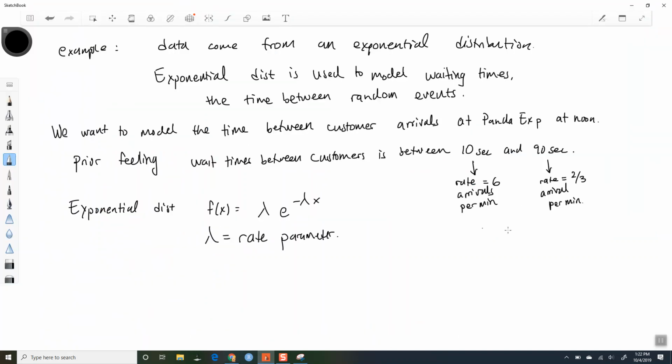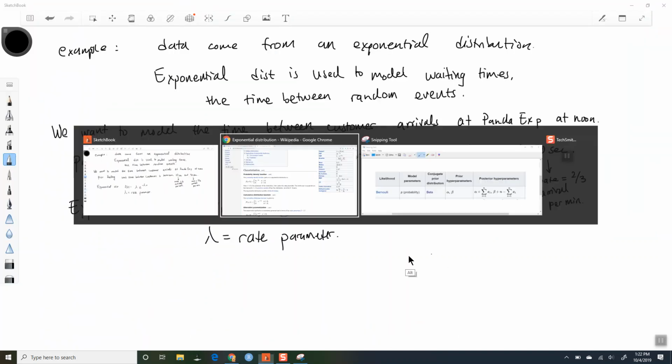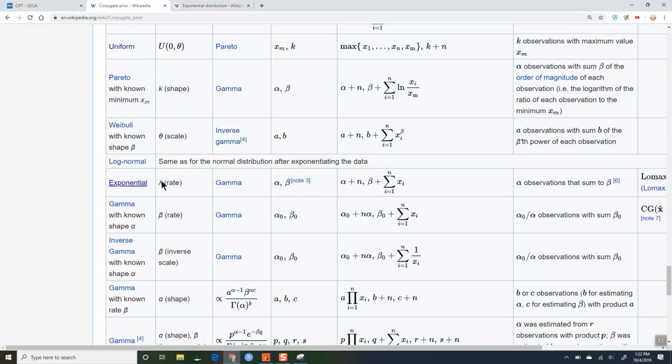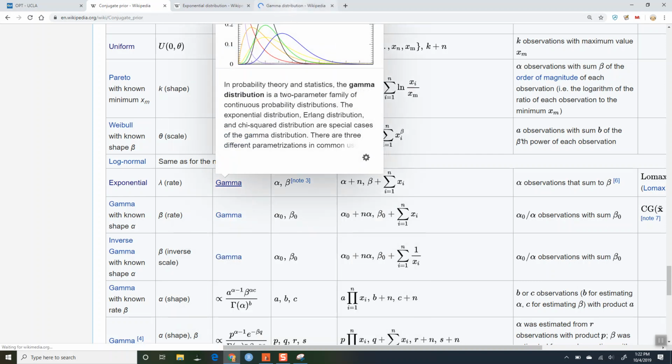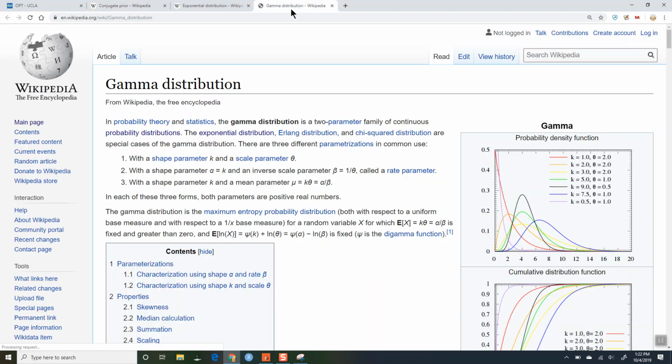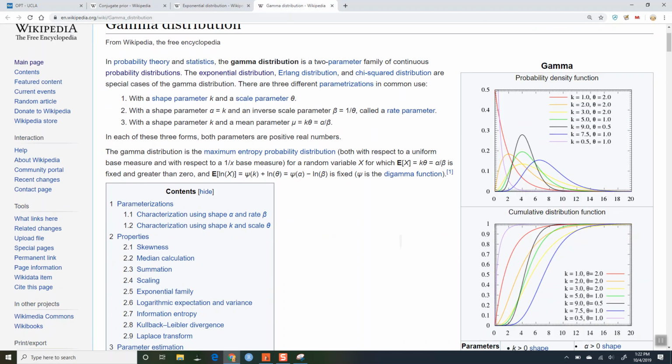So we can model something like this. This can be modeled if we look at what the conjugate prior is. The conjugate prior can be modeled with the gamma distribution, okay? The gamma distribution is a little bit of a weird thing.